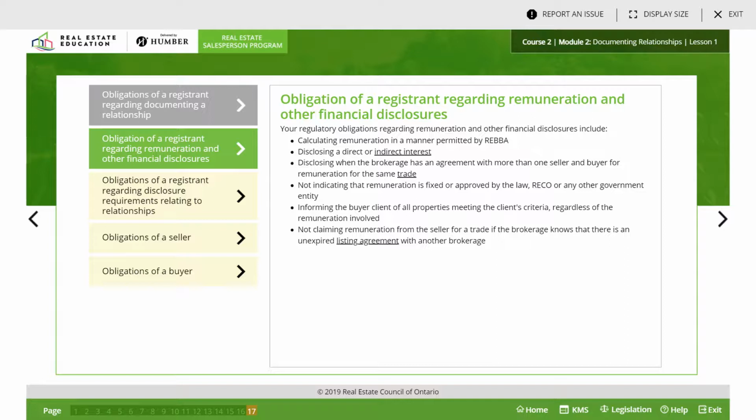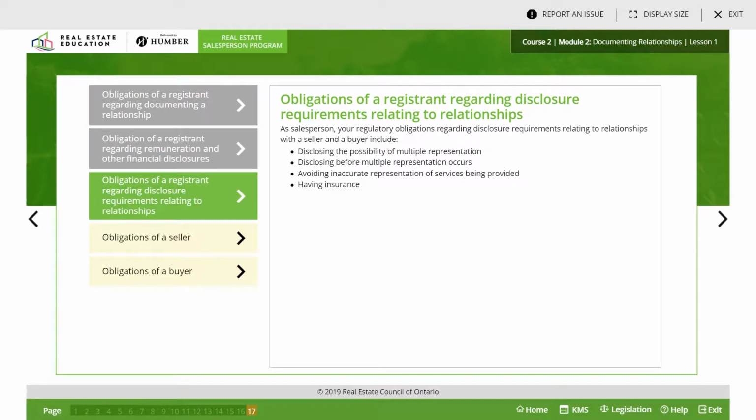Informing the buyer client of all properties meeting the client's criteria regardless of remuneration involved. Not claiming remuneration from the seller for a trade if the brokerage knows that there is an unexpired listing agreement with another brokerage. And then they talk about obligations of a registrant regarding disclosure requirements relating to relationships.